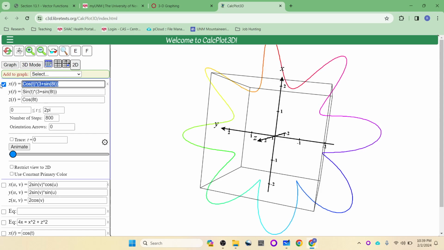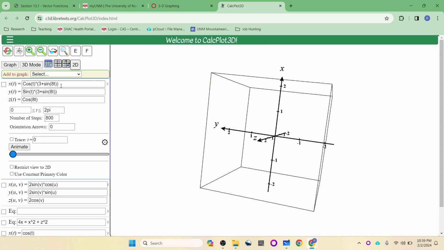So x is... Best to not turn it on until you're ready to graph. Let's see. x is 4 plus sine of 20t times cosine t. y is 4 plus sine of 20t times sine t.